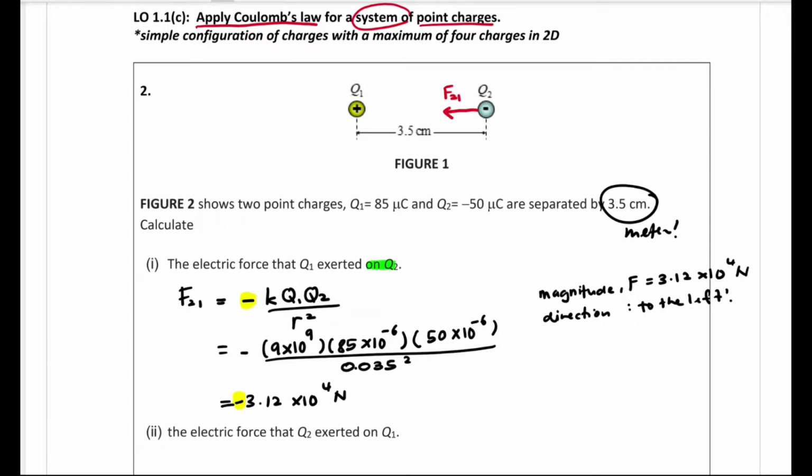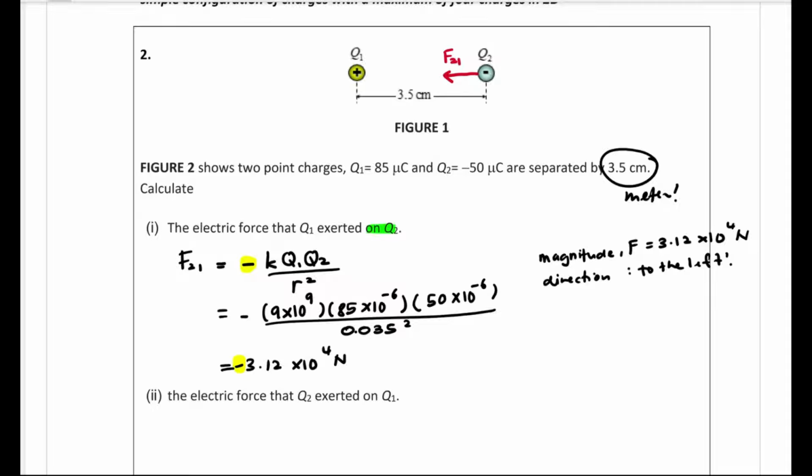Okay, now since we have two charges, if we calculate the force on Q1, the magnitude of the force is the same. Force on 1, magnitude dia sama dengan force on 1 due to 2. So if you want to find the force exerted on Q1, tadi kita dah kira Q2, itu dia saja.